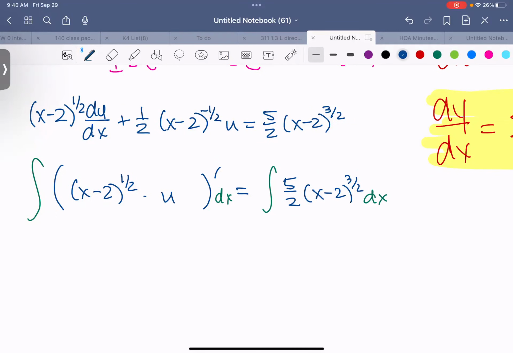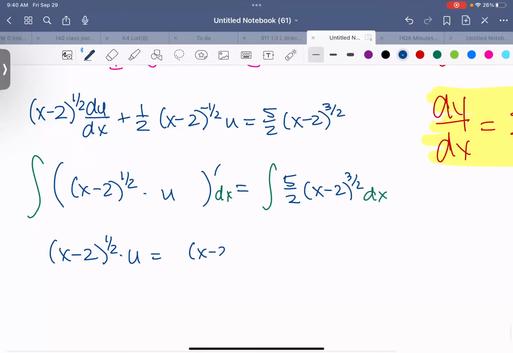That'll leave us with x minus 2 to the 1/2 times u on the left. On the right, I'm going to treat that x minus 2 as one quantity. So to integrate, I'm going to raise the power to 5/2 and divide by 5/2, but that's just going to cancel out the 5/2 that's in front. So the antiderivative is just that. Add my constant.